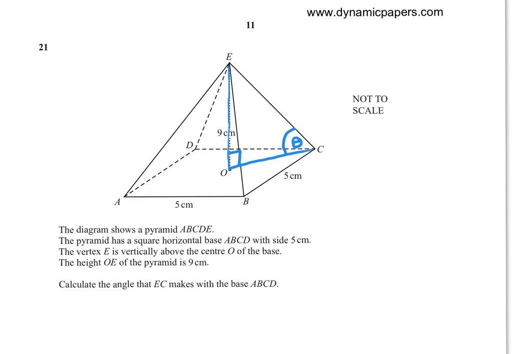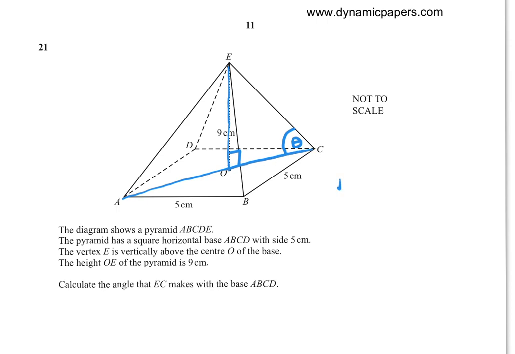If we extend CO, we have CA. We can find CA because this is a square, and the triangle ABC is right angled at B, so we can find AC, then we can find its half, which is OC.